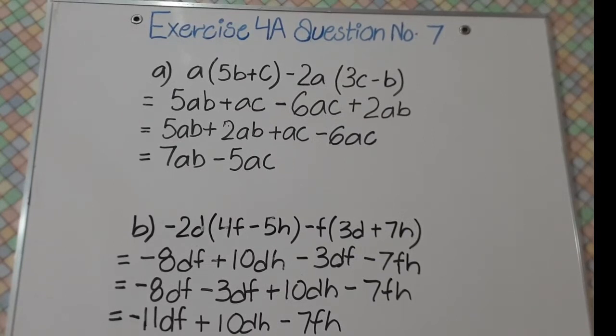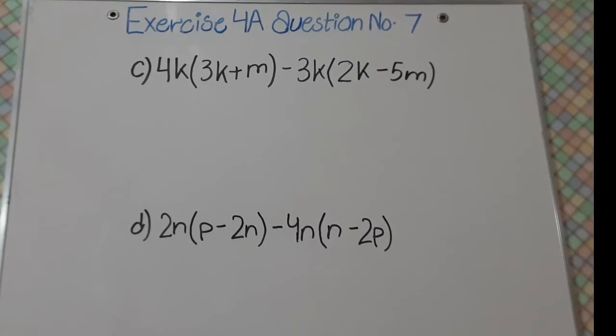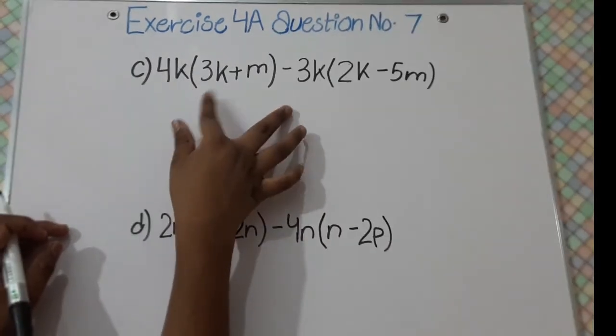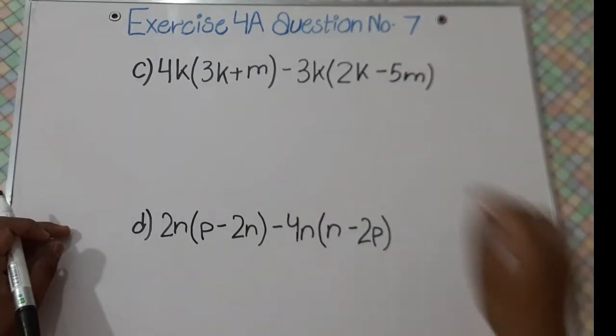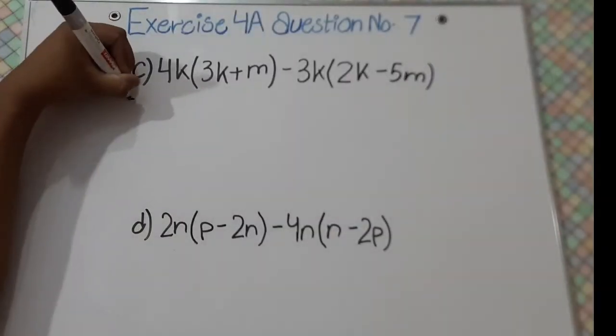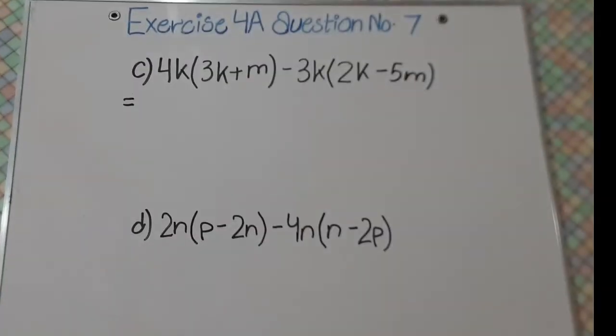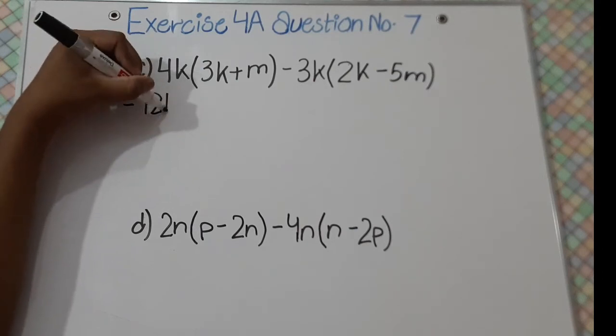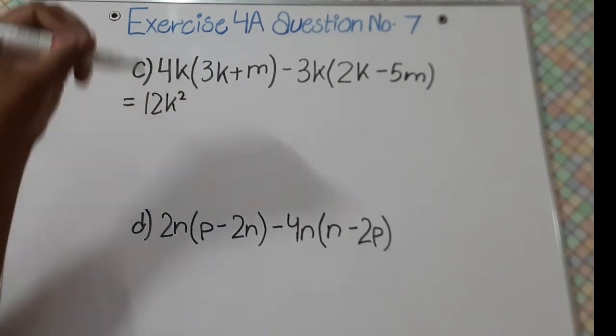Now let's move towards the last part. I have written part C and part D, which are the last two parts. Part C says 4k would be multiplied with this bracket, and 3k would be multiplied by this bracket. 4k multiplied by 3k: 4 multiplied by 3 would be 12, and k multiplied by k would be k squared.